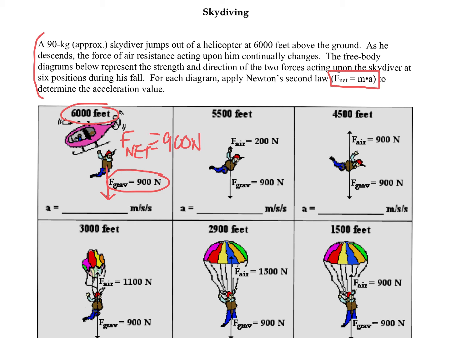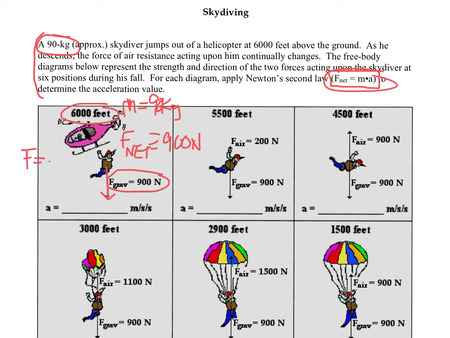Now that I know that, and I know that this skydiver has a mass equal to 90 kilograms, I think I can use my equation, F equals ma, to solve for acceleration. So let me do that.